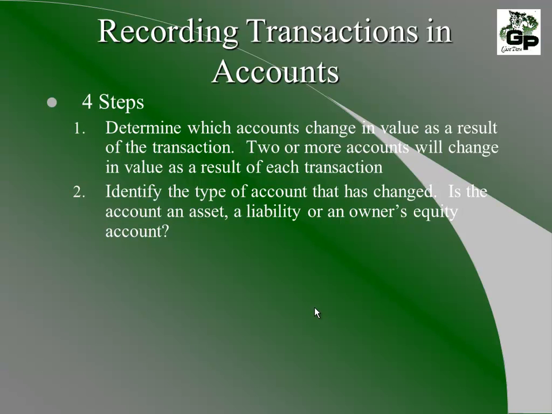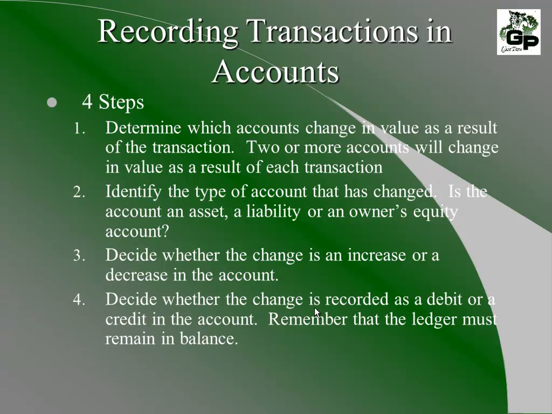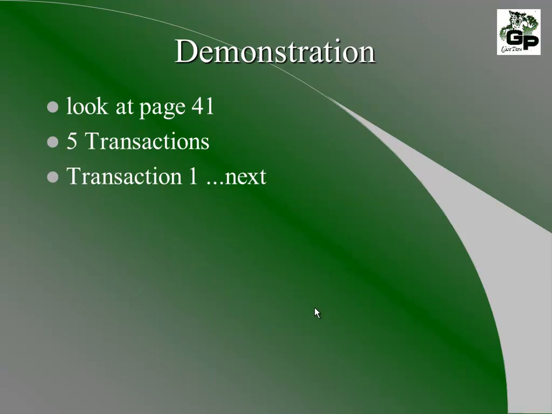Is it an asset, is it a liability, or is it an owner's equity account? And we decide whether or not the change is an increase or a decrease to that account. Then we decide whether the change is recorded as a debit or a credit. Remember, the ledger must always remain in balance.